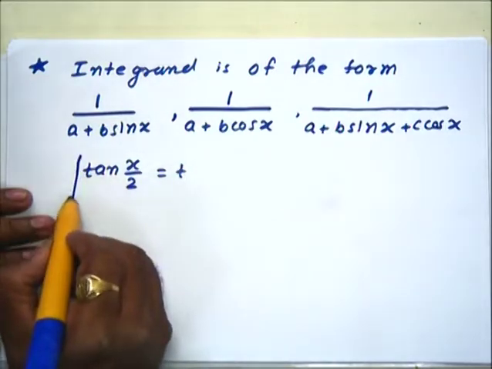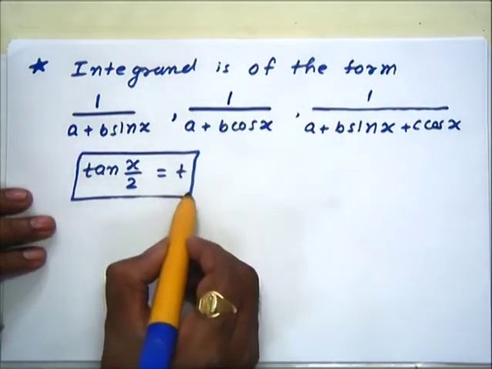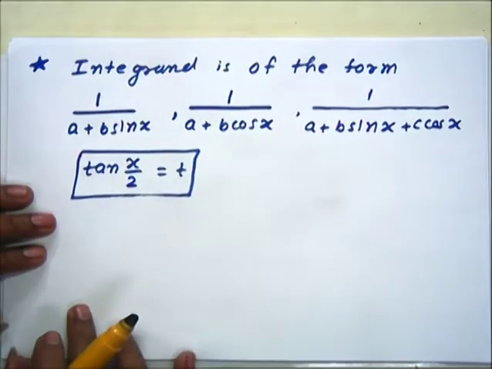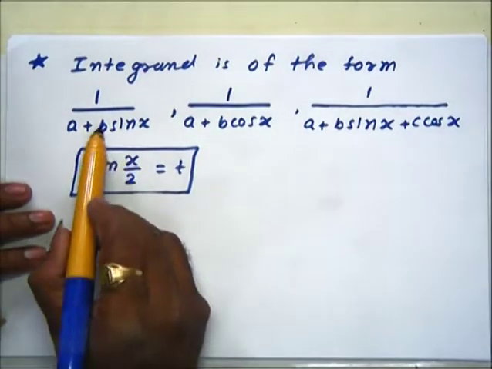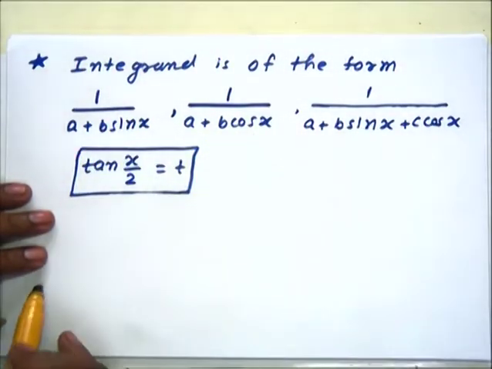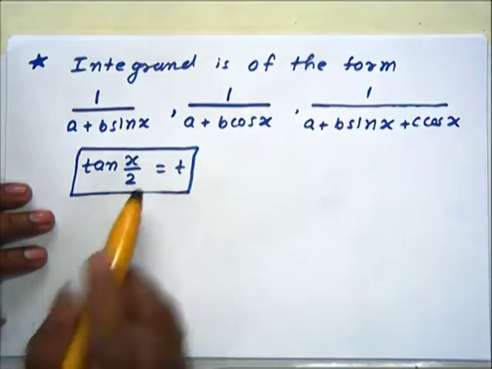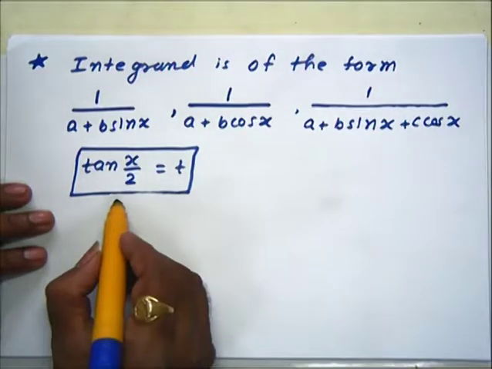This is a very important substitution. Tan x by 2 equal to t.